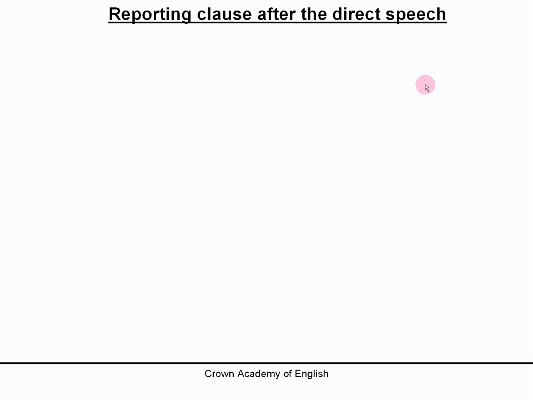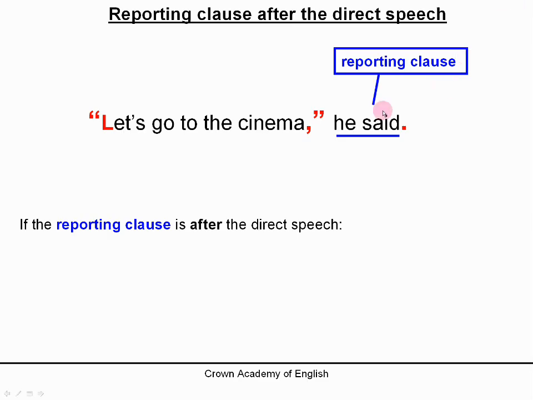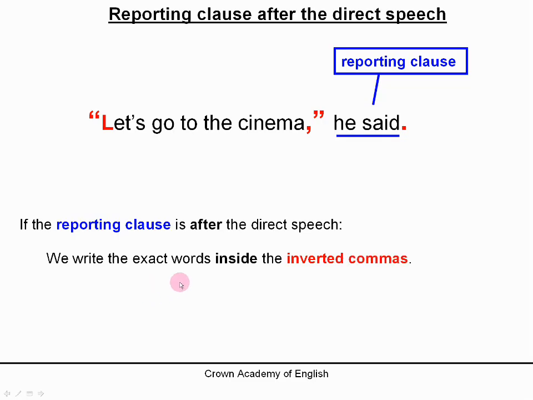Reporting clause after the direct speech. "Let's go to the cinema," he said. So if the reporting clause is after the direct speech, like here, he said is now after the direct speech, then the rules are, again, we write the exact words inside the inverted commas.